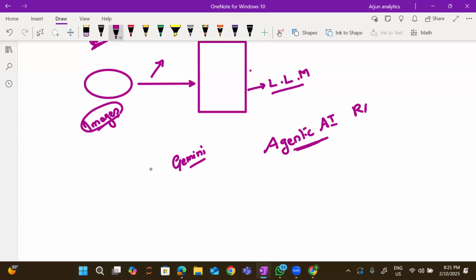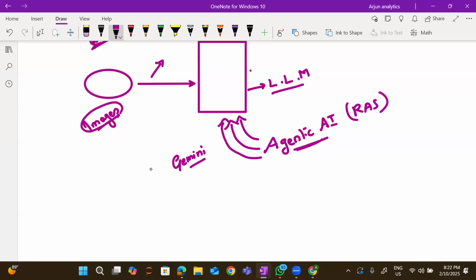Agentic AI is based on RAG. It will take the latest updates, and we are going to train our LLM with the latest stuff. With this, even the recent updates can be answered by your LLMs.